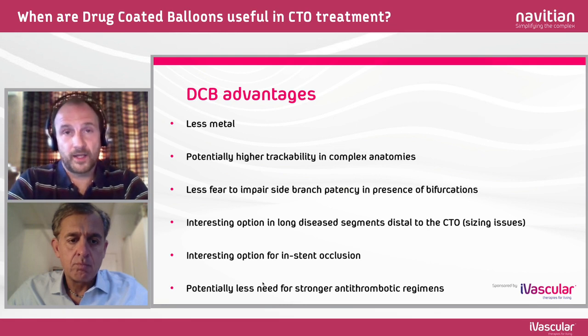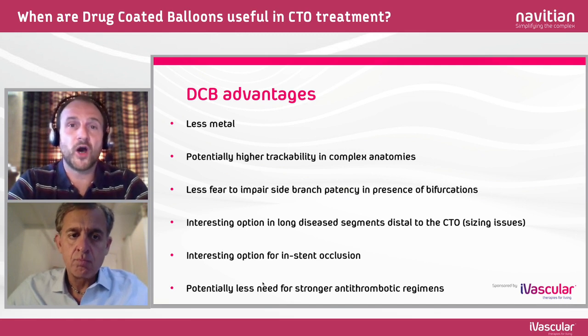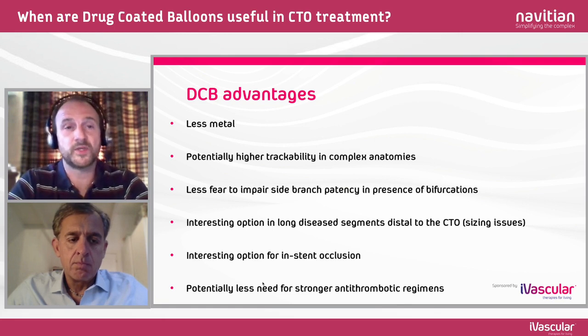And one extra interesting option is definitely in the subset of CTO that are called the in-stent occlusions, because there we already have the scaffolding of the old stent that got occluded, and we also avoid what is called the onion effect of adding stent in stent. So that is definitely another very interesting situation where DCB could be advantageous over classical stents.